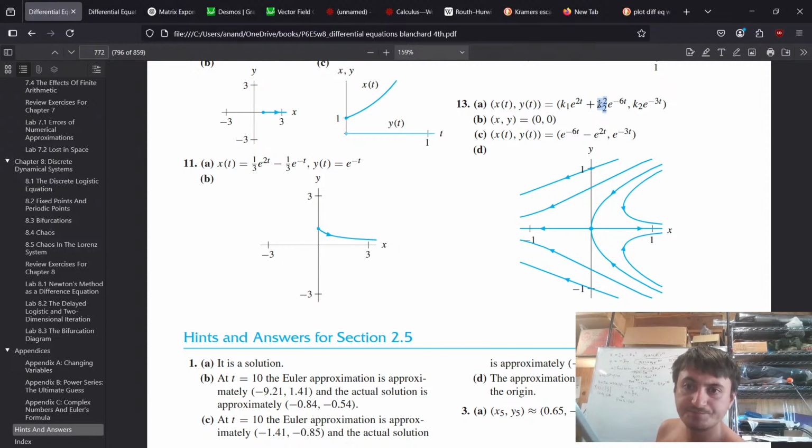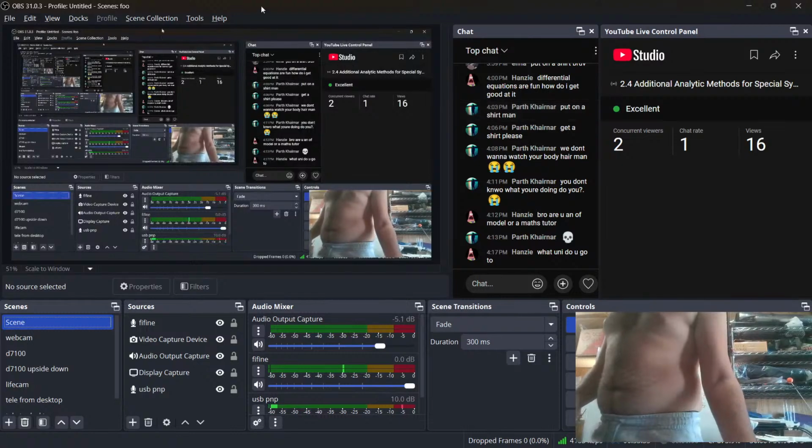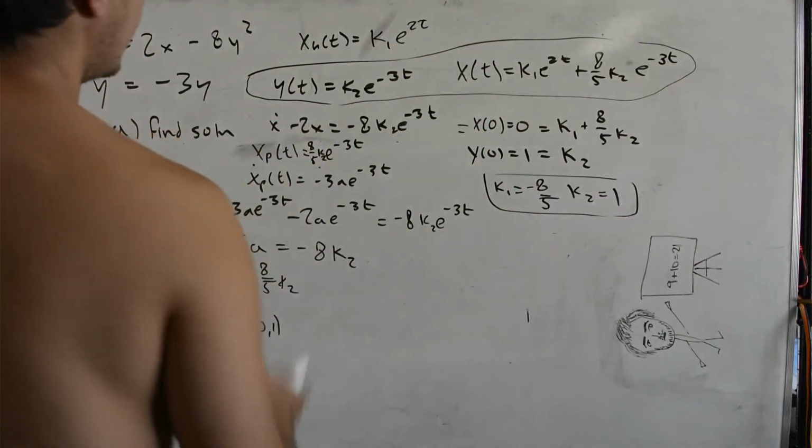That was immediate. Oh man, we really messed up the C as well. Okay, how did they get K2 squared?